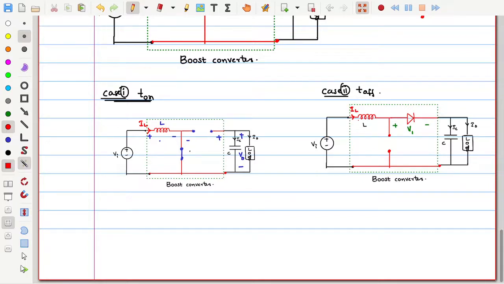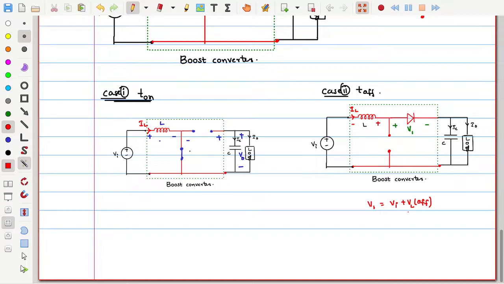As I told you, current does not change through the inductor suddenly. So the moment you switch off, the polarity of the voltage across the inductor is going to change. This becomes plus, this becomes minus. With the help of this, the voltage across the diode V1 will become Vi plus VL during the off state.